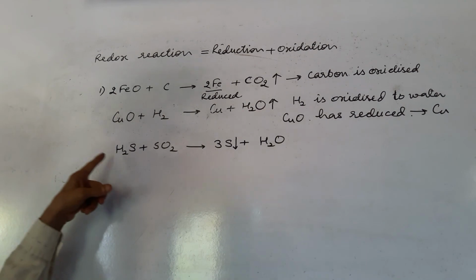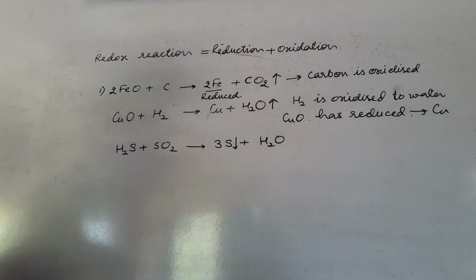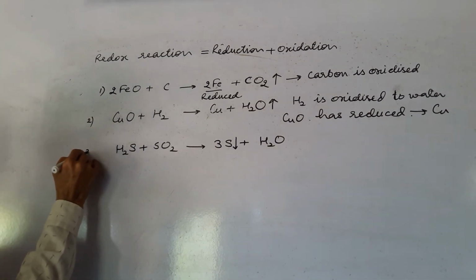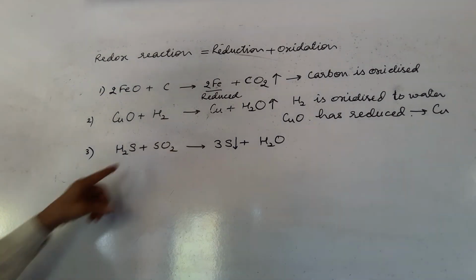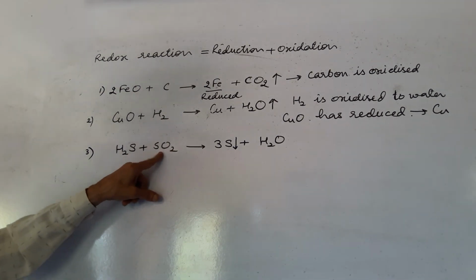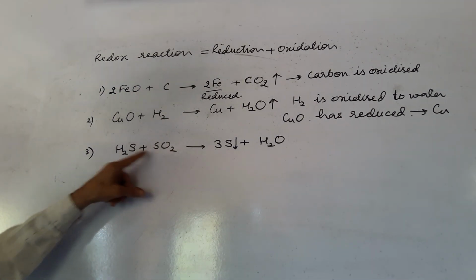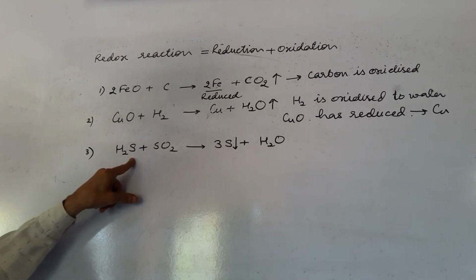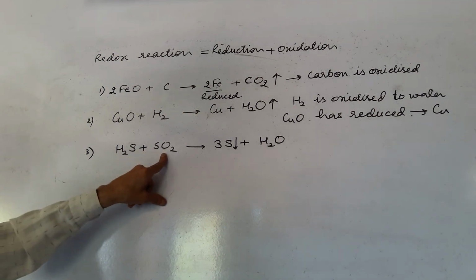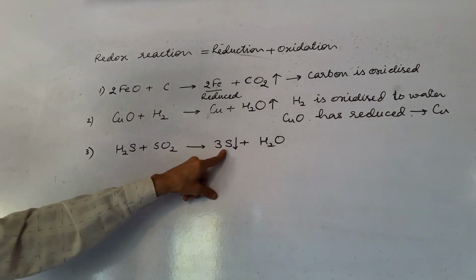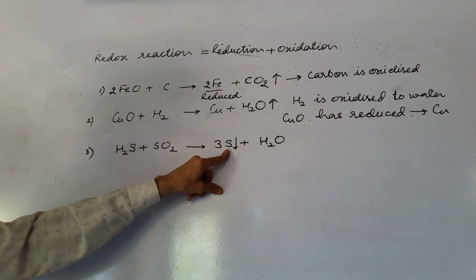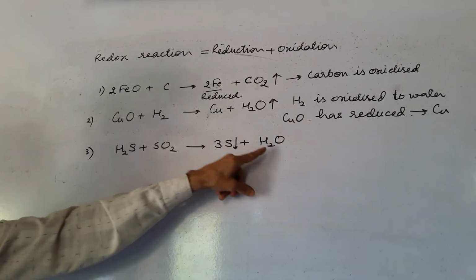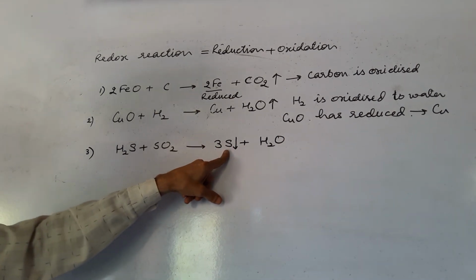Okay, let us take one more example, the third example now. When sulfur dioxide gas is passed through a solution of hydrogen sulfide gas, you find that particles of sulfur are seen suspended and water is formed. So here sulfur is reduced.